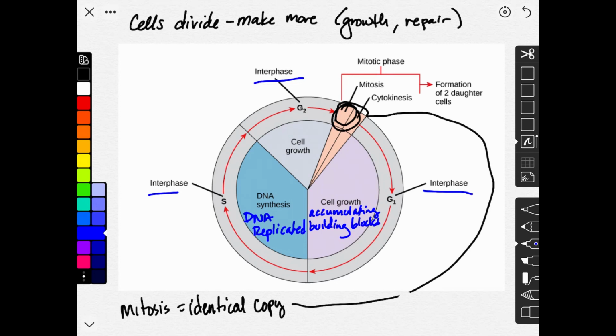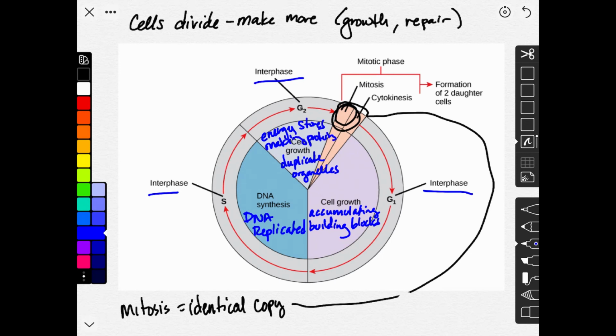And you remember when we talked about DNA replication, how we talked about making those corresponding strands. Then we get to the G2 phase, and in this G2 phase, now what happens is you're creating energy stores and duplicating organelles, and making proteins.